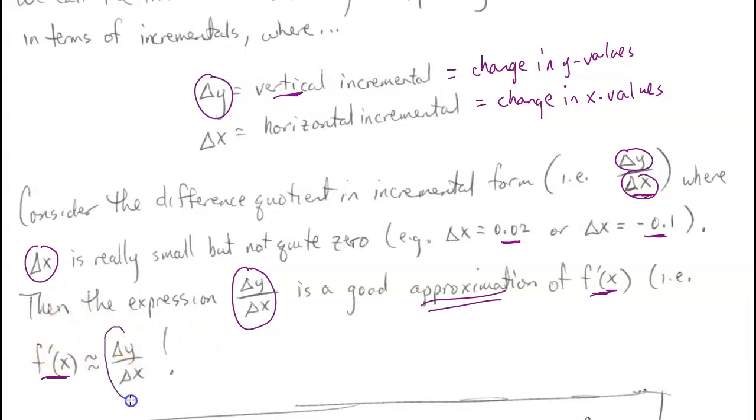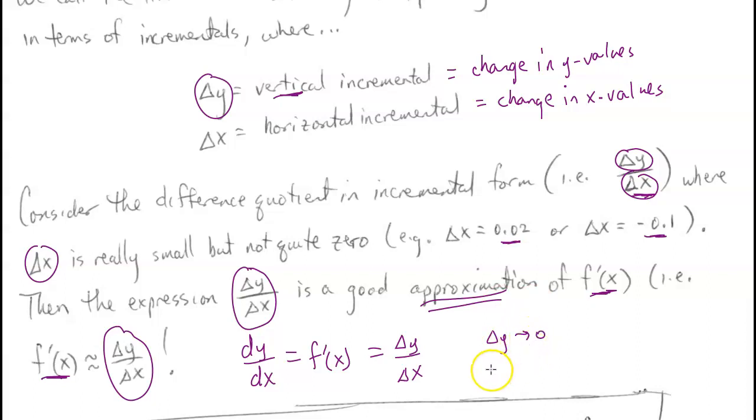So when we use this expression of dy over dx to represent the derivative, what you're saying is that you want delta y over delta x to equal this, but you're saying delta y is as small as possible. So it's approaching 0, okay?